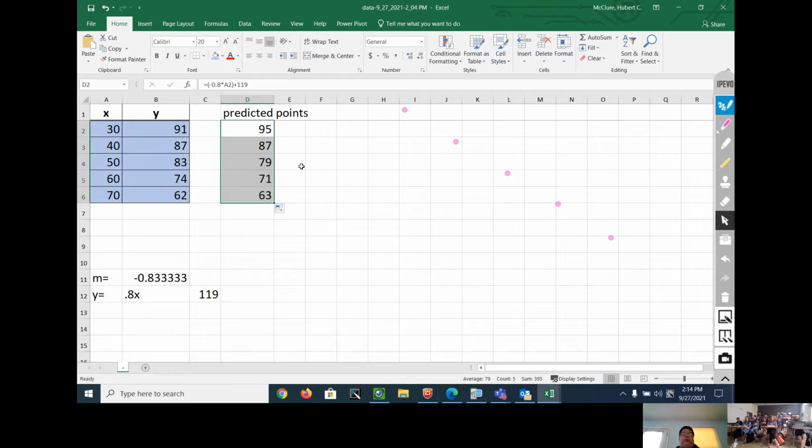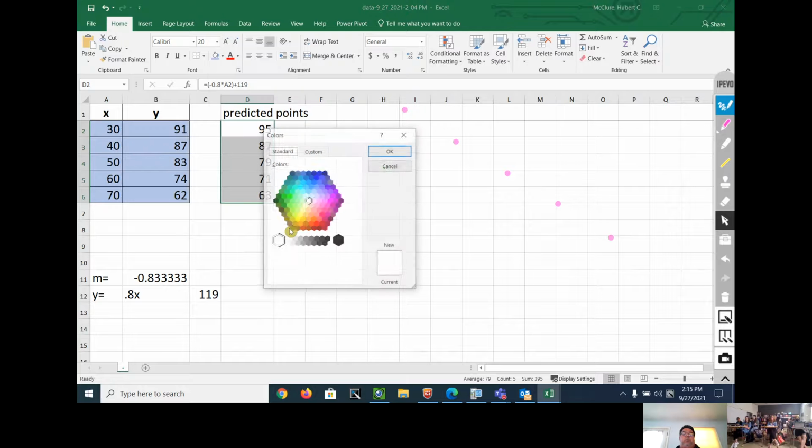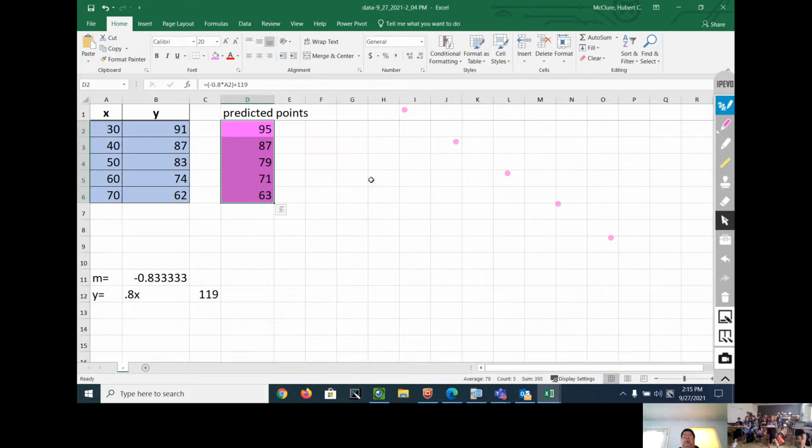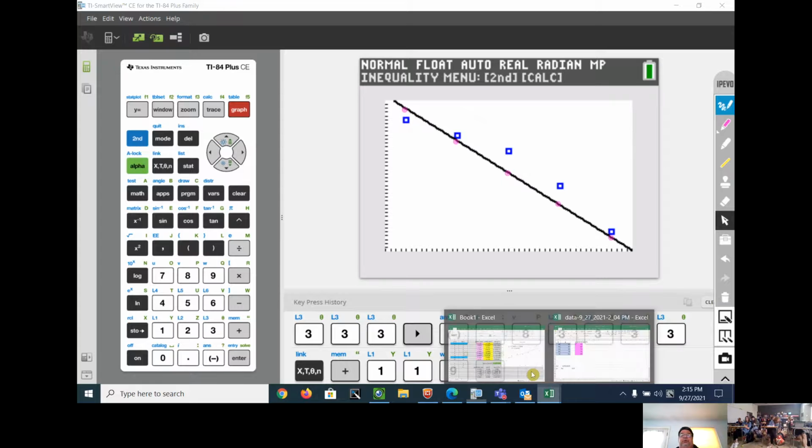And those are our predicted points, which I will color magenta, just like those little dots. So let me pull the calculator back up. Those dots right there are represented by these points right here.